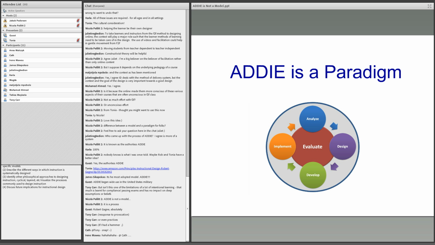If at the end of the day, I want the students to be able to go out to a restaurant and calculate the tip that they're going to leave for the server, hey, I can use instructional design for that also. The strategies may differ.